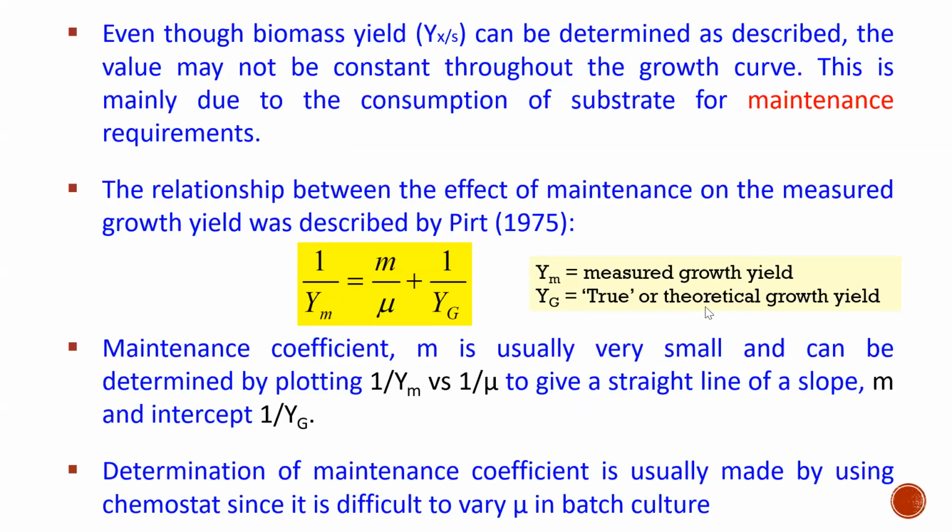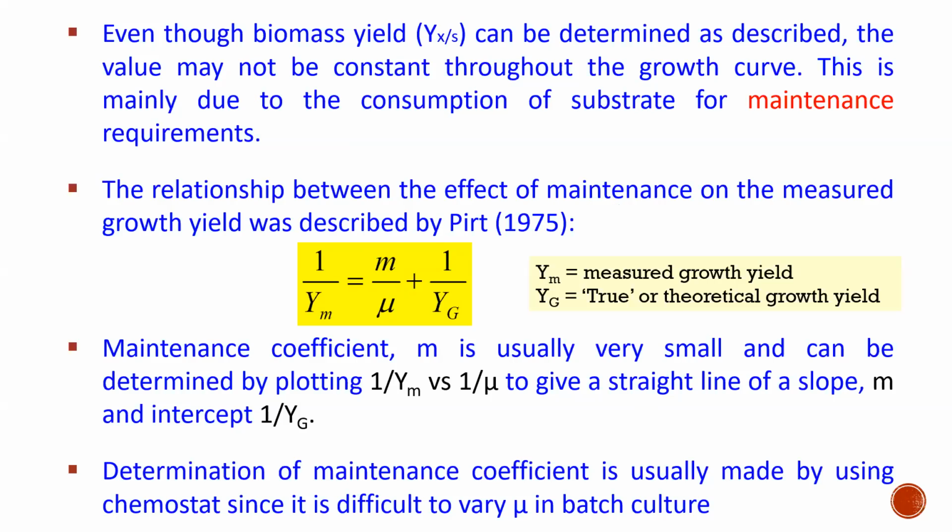But now you have a theoretical growth yield, which will be equal to the value that crosses the y-axis. It's the c value actually. If you draw a comparison with y equal to mx plus c, the m, the slope, is actually equal to the maintenance.